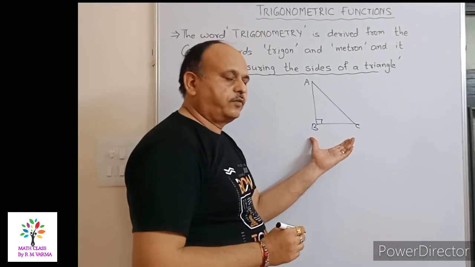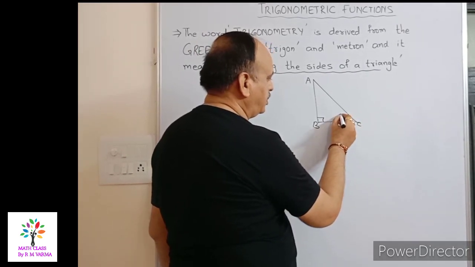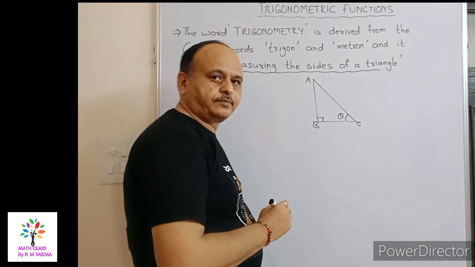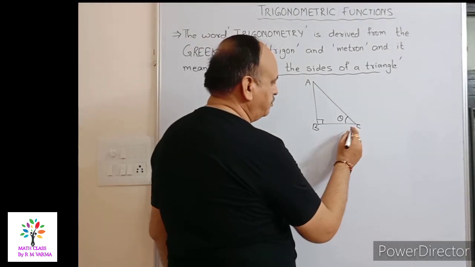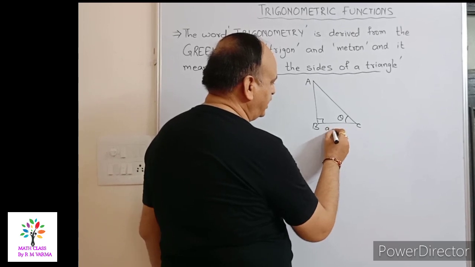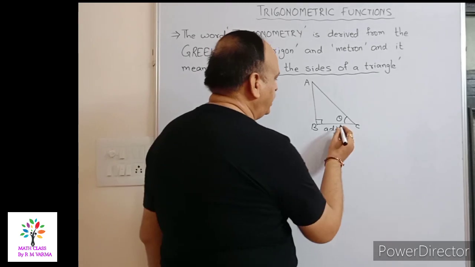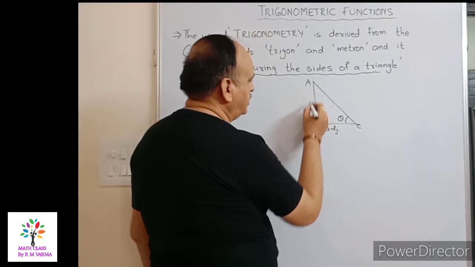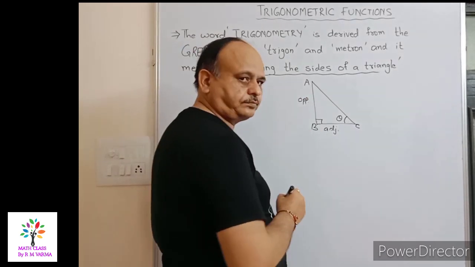Now if I take one of the angles other than the right angle, say this angle C, I call it theta. Then side BC becomes the adjacent side. And the side opposite to theta is AB, it becomes the opposite side.